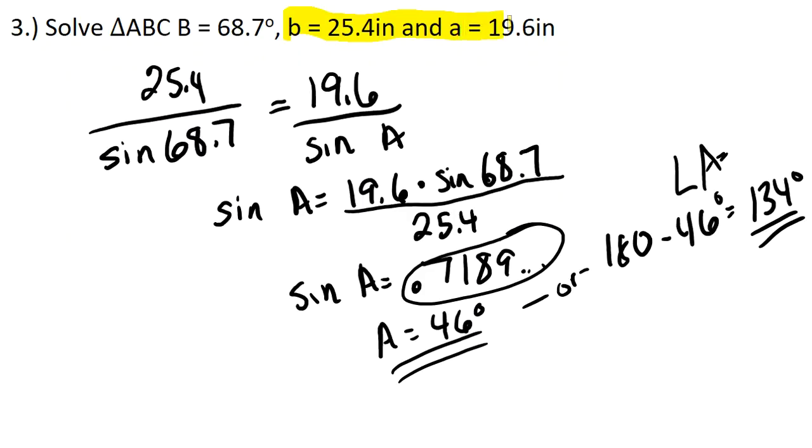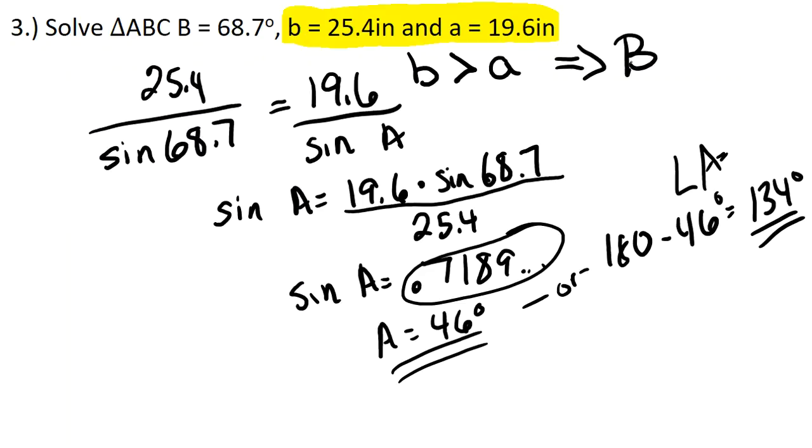If I reference back to the original problem, side B is greater than side A. Therefore, angle B should be greater than angle A, based on one of our references earlier that the biggest angle should go with the biggest side, smallest angle, smallest side.